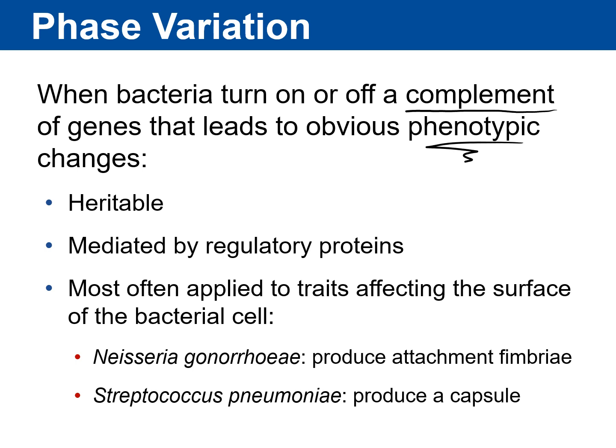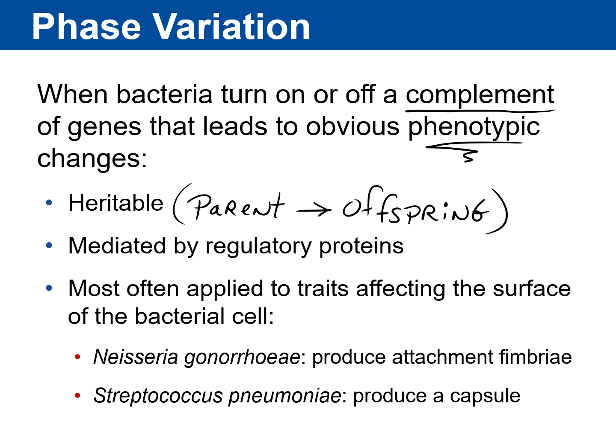This phenomenon of phase variation is something that occurs from parent cell passed to offspring because it's genetically based, and certain stimuli in the environment will then cause regulatory proteins to turn these genes on or off.